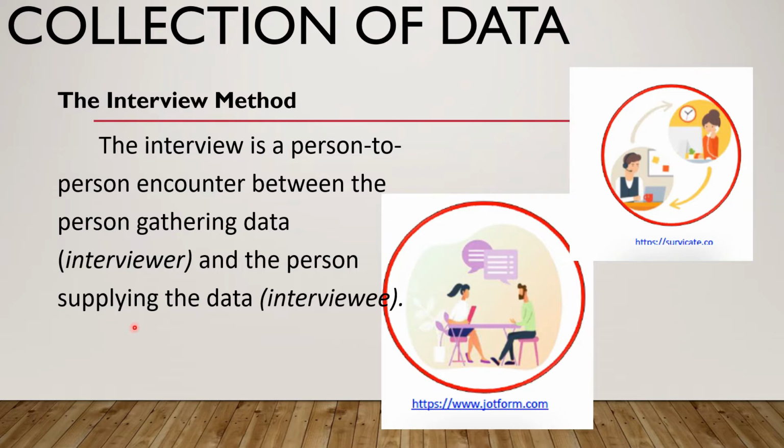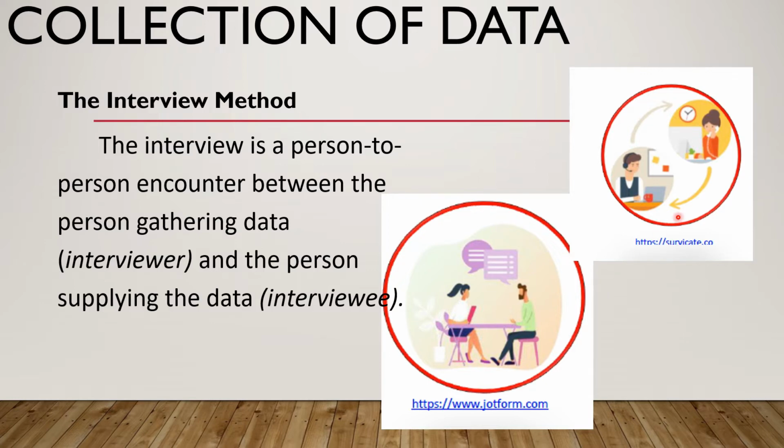So the interview is a person-to-person encounter between the person gathering the data, which is called the interviewer, and the person supplying the data, which is called the interviewee. So the interviewer is actually the one who is asking question, and the one who answers the question is called the interviewee.